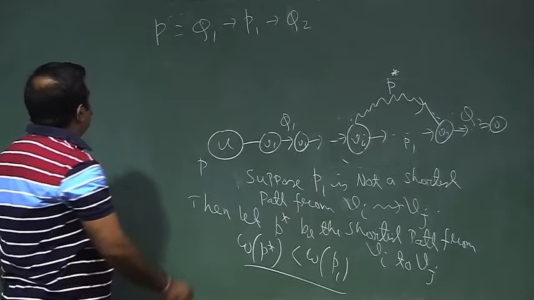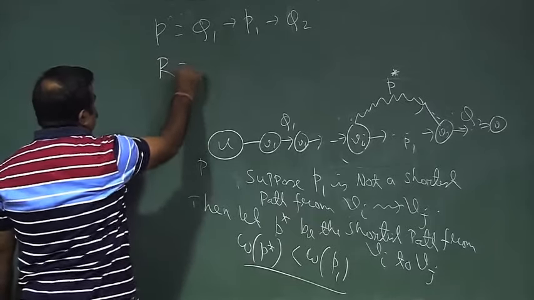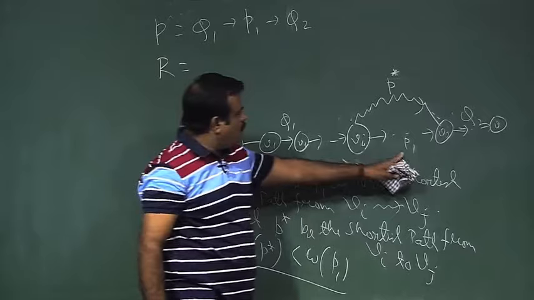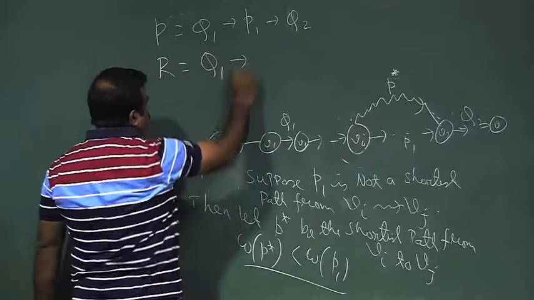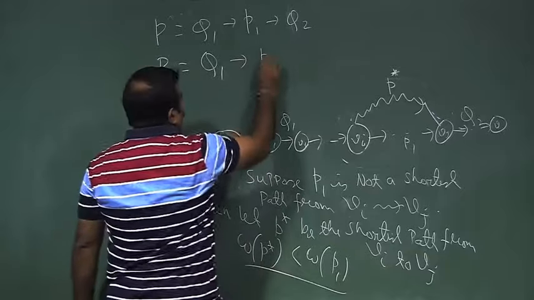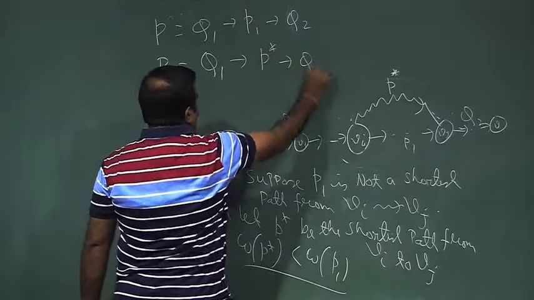Now we take another path, R, in which instead of P1 we take P star. So Q1, then P star, then Q2.